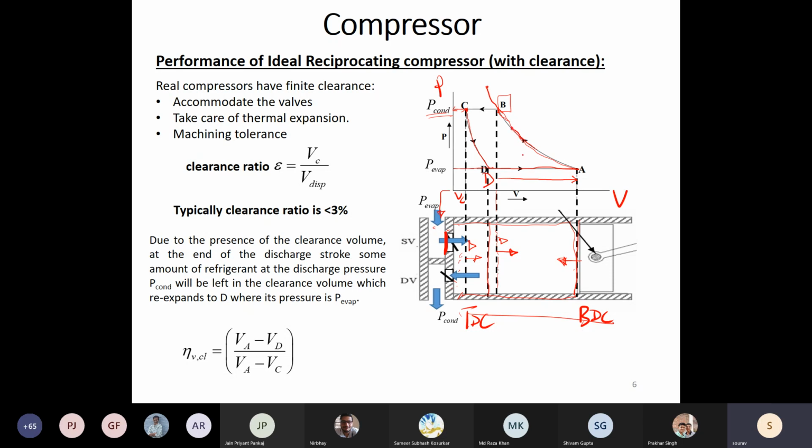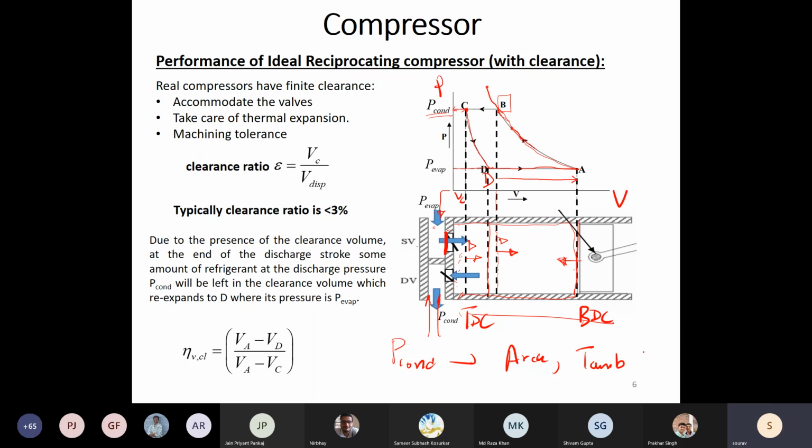So up to what point the compression process will happen depends on the back pressure given by the condenser. And the condenser back pressure indirectly depends on the heat exchanger area and the ambient temperature. So P condenser depends on the area and the T ambient.